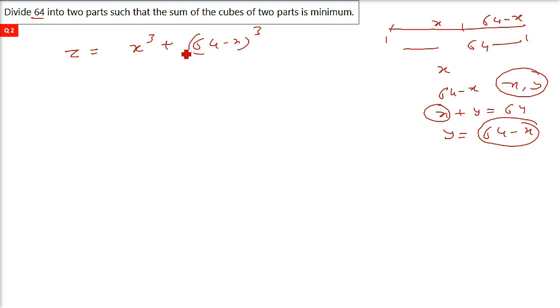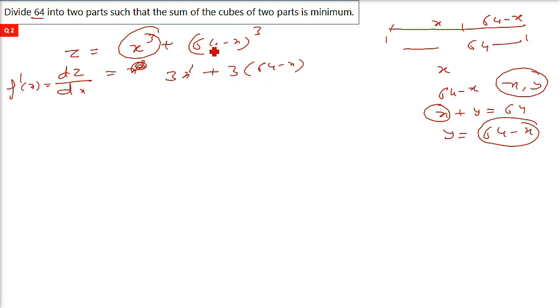The next thing which comes is the differentiation. In the previous question, we expanded (64 minus x) whole cube. There are certain people who might not remember the cube formula just now; they will try to recollect it, and that will take time. It's better that rather than expanding it, we just differentiate it using the power.